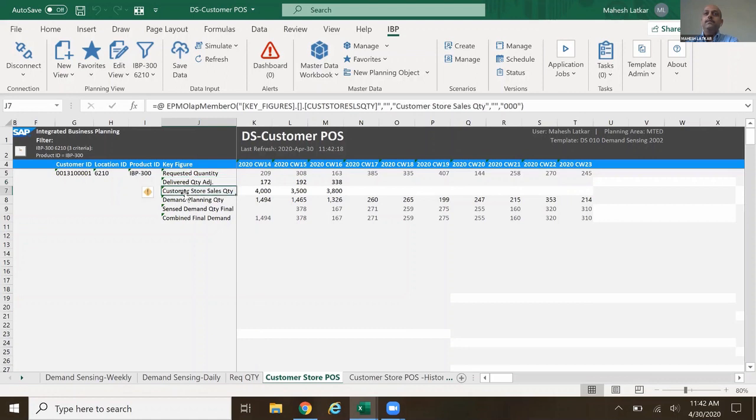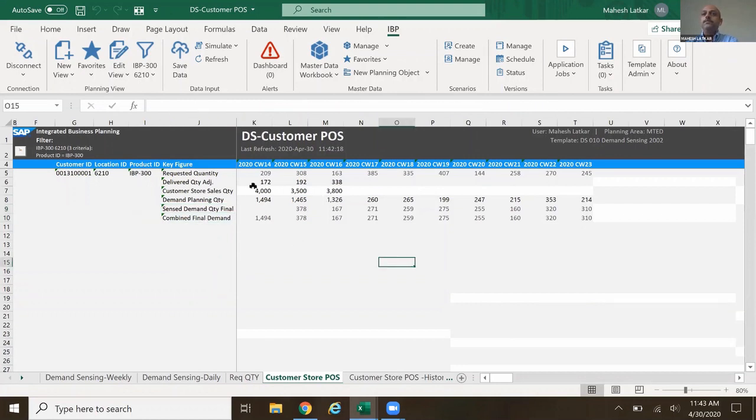Additionally, we are giving this customer store point of sales input to this algorithm, which is one of the downstream signals. You also have demand planning quantity, which is coming from the IBP demand plan in weekly buckets. And then the output would be your sales demand quantity final and combined final demand.